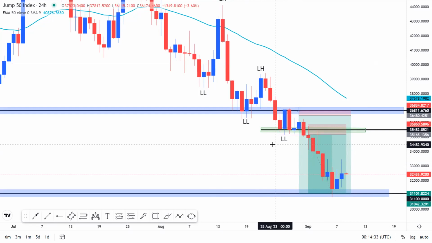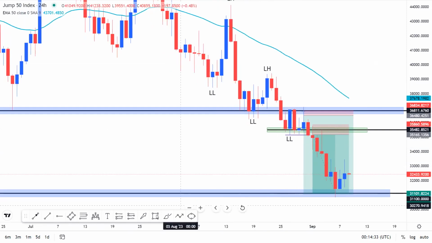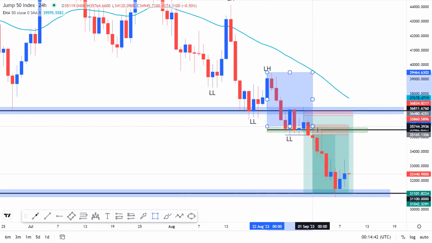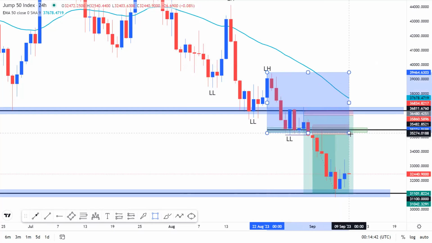And then the very next level that comes to mind is within this level right about here, the most recent lower high, to the most recent lower low. So we only want to look for our area of interest anywhere within this level, from the most recent lower high to the most recent low.